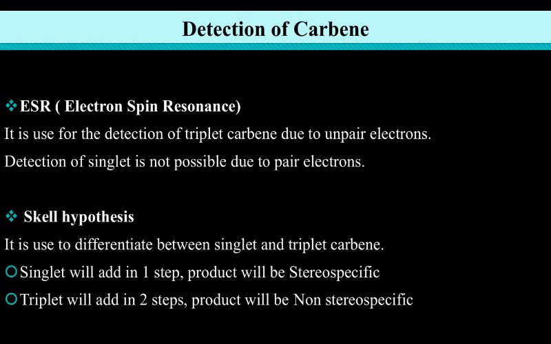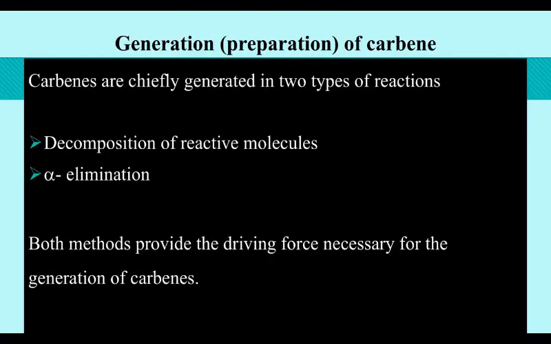It is a chemical method which is used to differentiate between singlet and triplet carbene. We will study this in our reactions of carbene. Singlet carbene will add in one step and the product will be stereospecific, while triplet carbene will add in two steps and the product will be non-stereospecific.